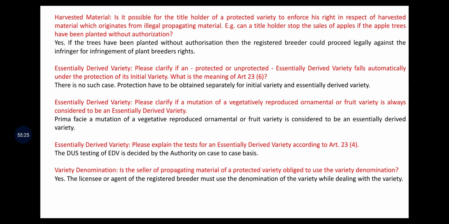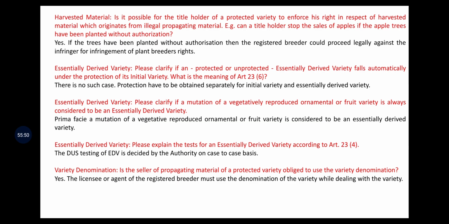The protection of an unprotected essentially derived variety falls automatically under the protection of its initial variety. It is a wrong statement. The meaning under Article 23(6) is that protection has to be obtained separately for the initial variety and the essentially derived variety.